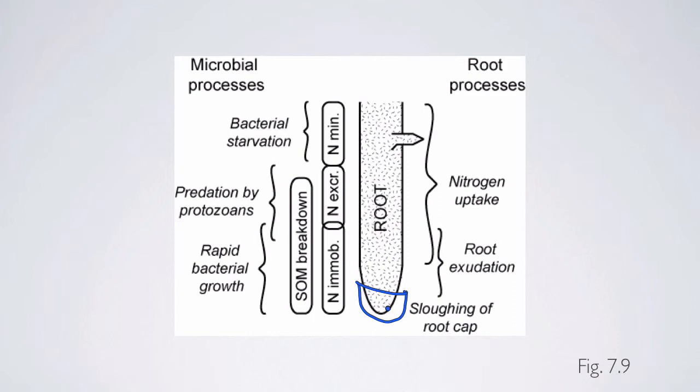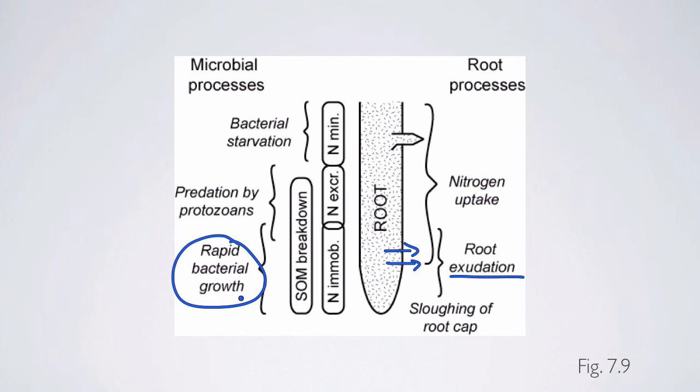All of these cells that are protecting the root are lost to the surrounding soil, and that sloughing of relatively labile material is an input of carbon that microbes can use to grow with. In addition, near the tip there's root exudation, so there's the input of relatively labile carbon substrates also into the soil. And this root cap material and the exudation stimulates bacteria.